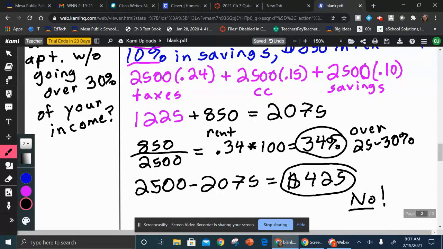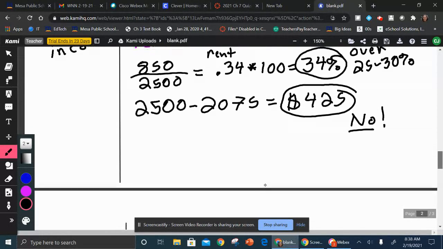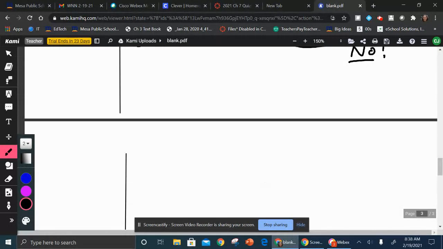Because everybody, you still have to pay for food, car insurance, gas, maintenance for your car, cell phone, internet. There's a lot of things you still have to pay for, right?